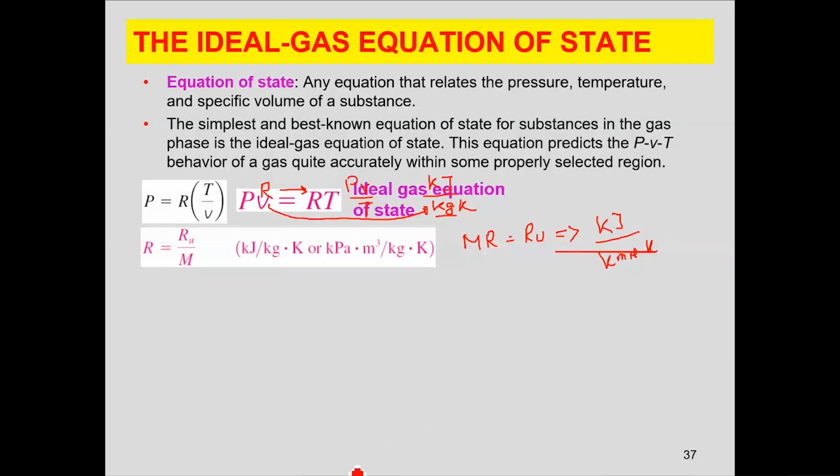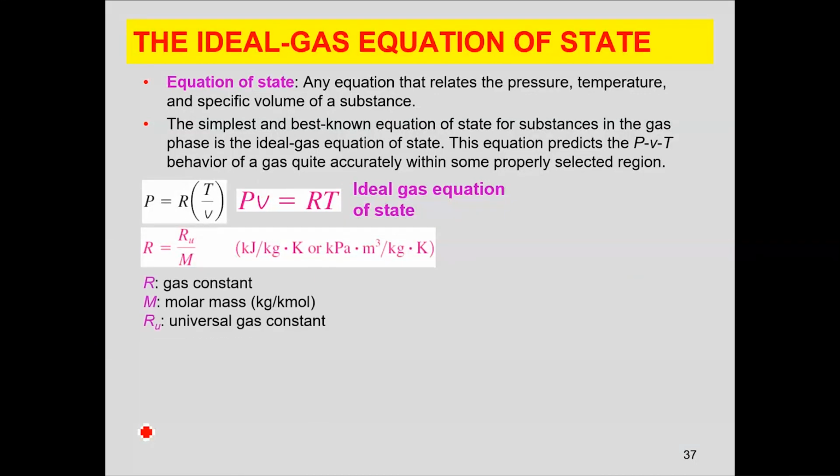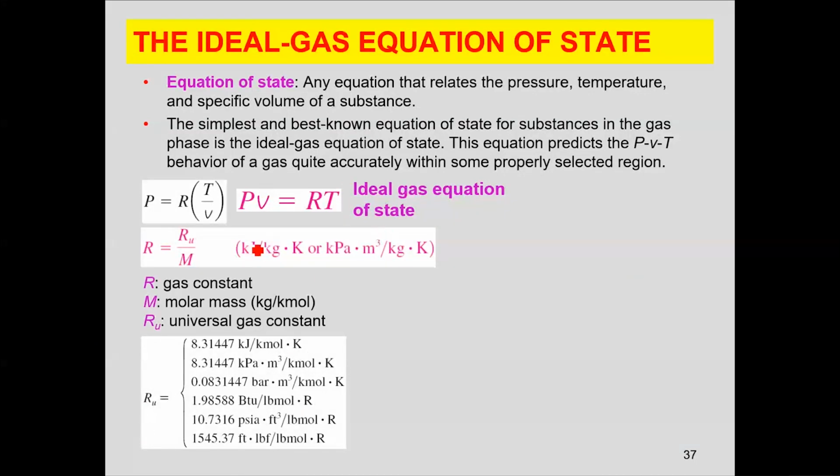So the difference lies in the quantity for which you are expressing the energy. R is the energy associated with 1 kg, Ru is the energy associated with 1 kilomole of any gas, because 1 kilomole would have the same number of particles. So this Ru value is a universal value.